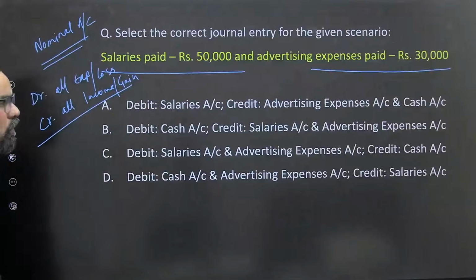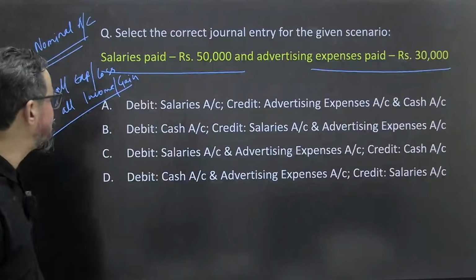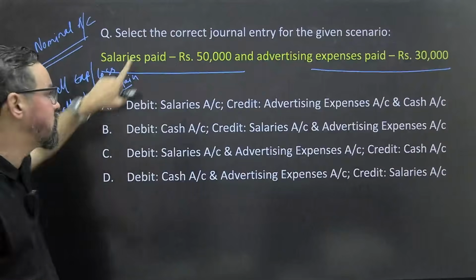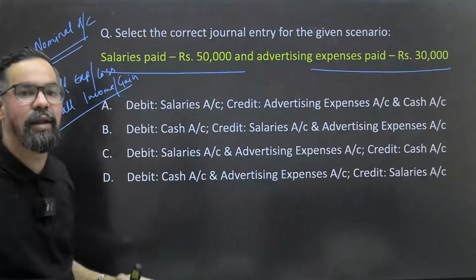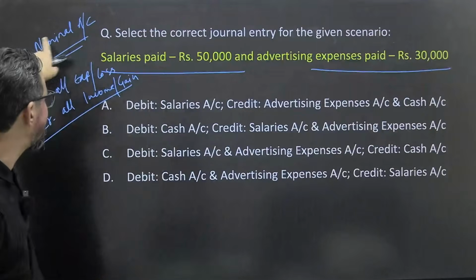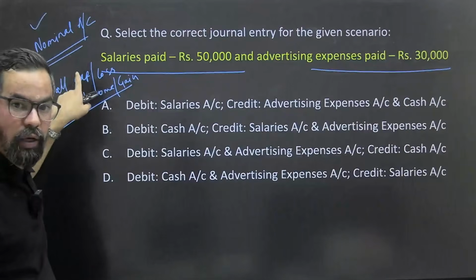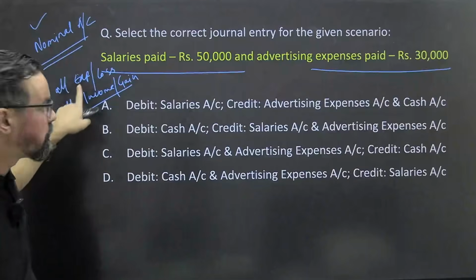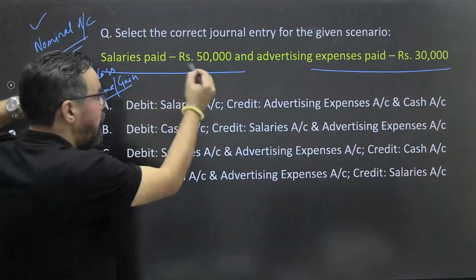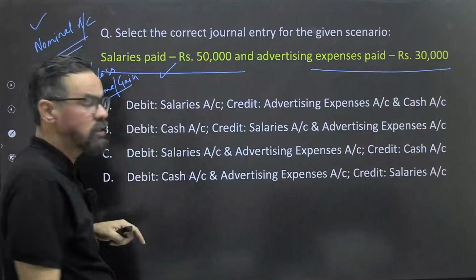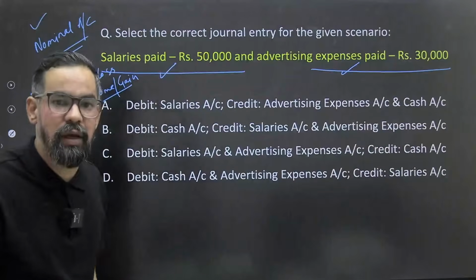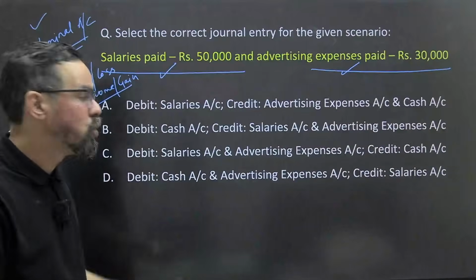So now if you are able to identify which accounts these entries belong to, then the game is very easy. As I said, this belongs to nominal accounts, and the golden rule is debit all expenses. Now, salaries paid is an expense for the business, and advertisement expense paid is again an expense for the business. So what you have to do?